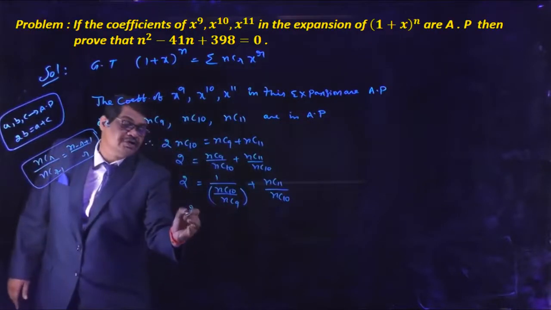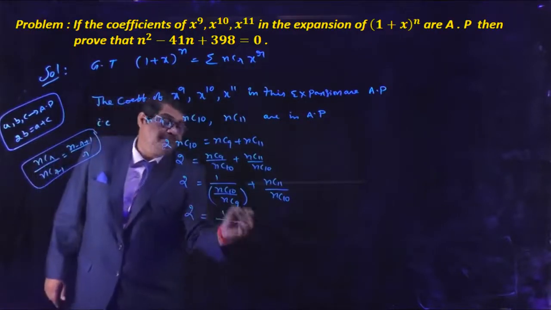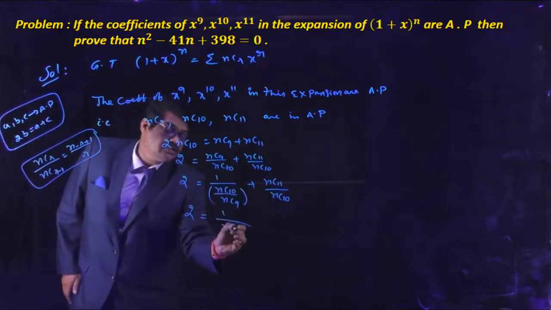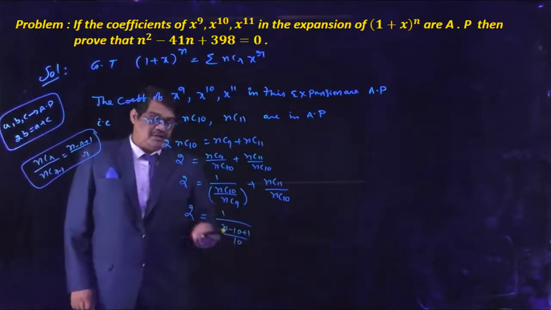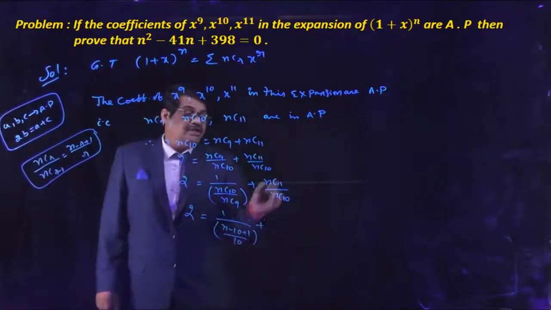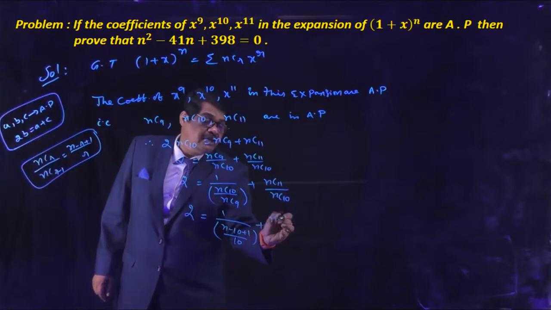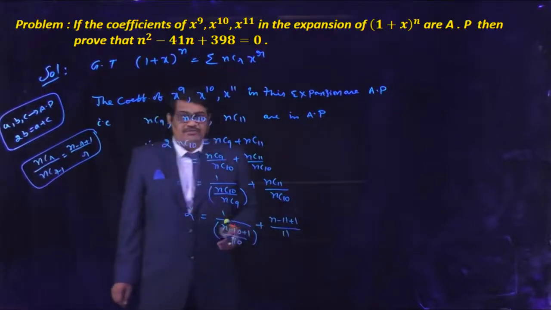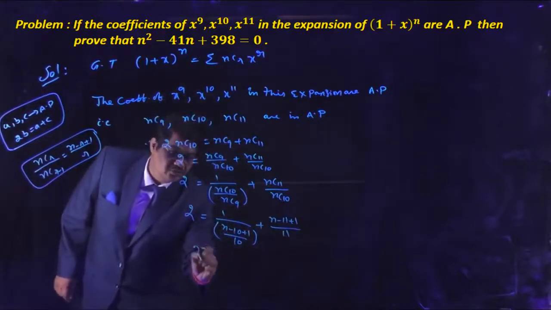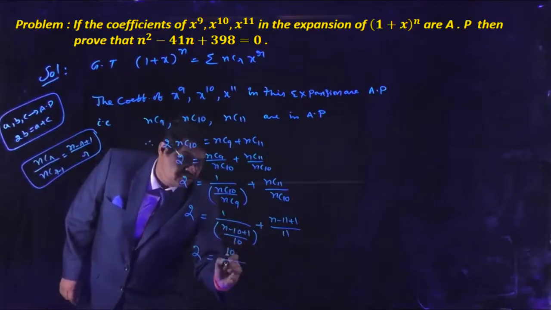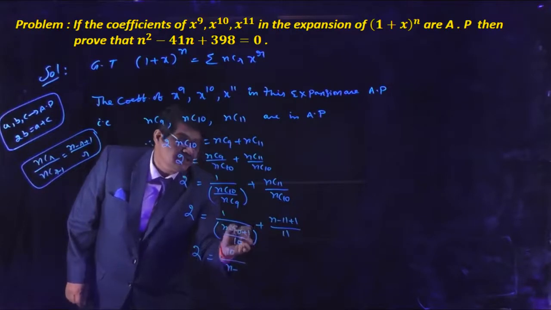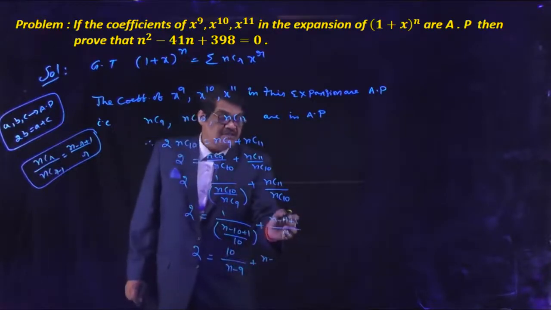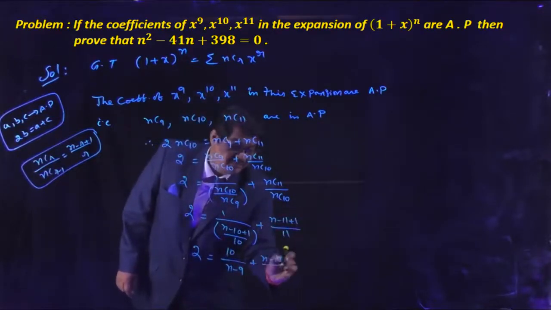We get 2 = 1/((n - r + 1)/r) with r = 10, plus (n - r + 1)/r with r = 11. Simplifying: 10 moves to the numerator, giving 10/(n - 9) + (n - 10)/11.